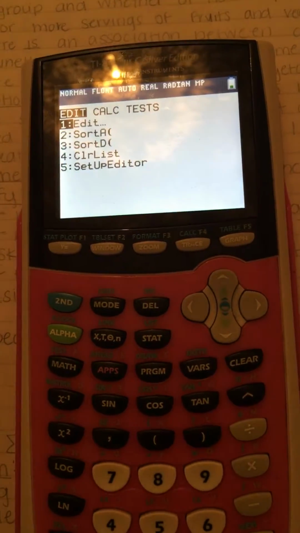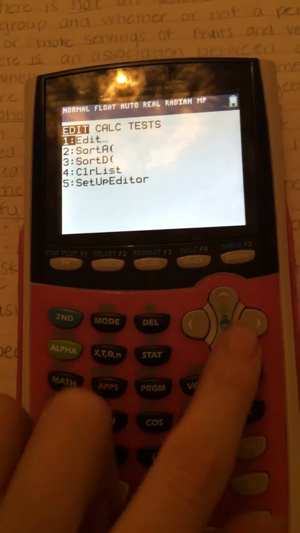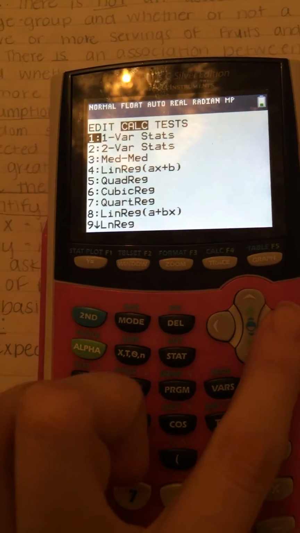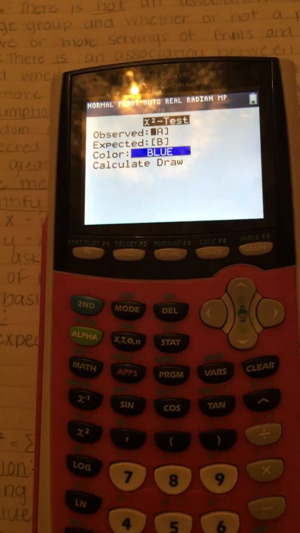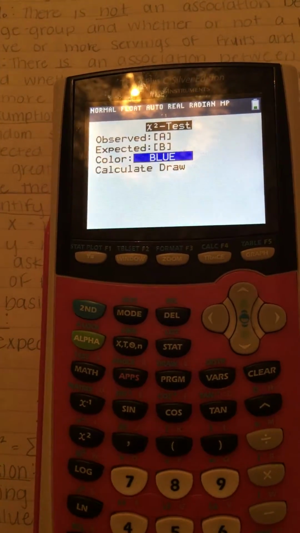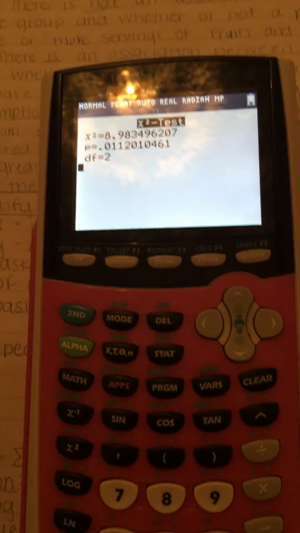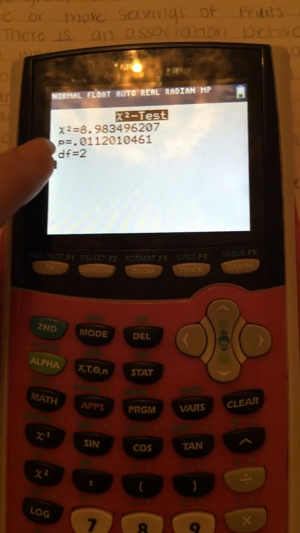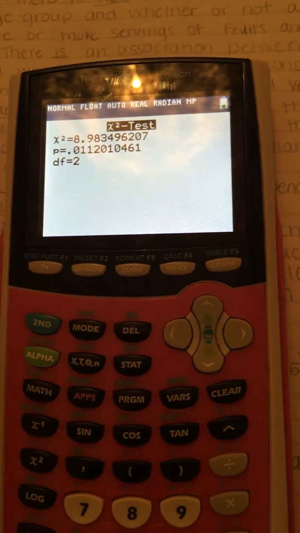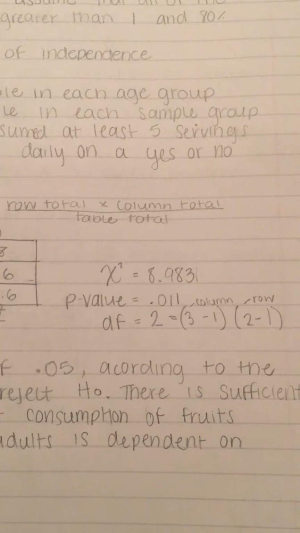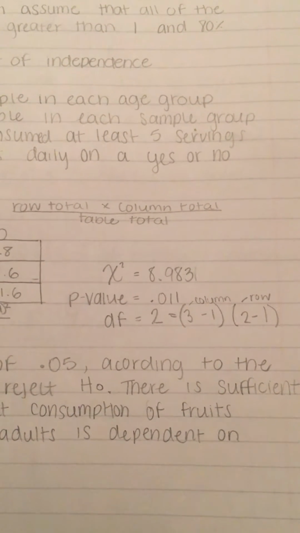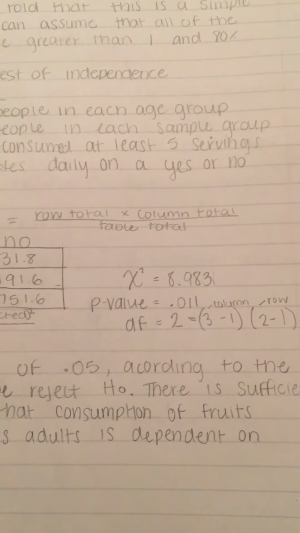After you've plugged in your matrix and table, found the expected, you're going to go over to test, go back to the chi-squared test, keep everything the same as you did for finding the matrix, and these are the numbers that you will receive. This is the chi-square value, the p-value, and the degrees of freedom. The degrees of freedom can also be found by taking the column minus 1 and multiplying it by the row minus 1, which in this case will give you 2.